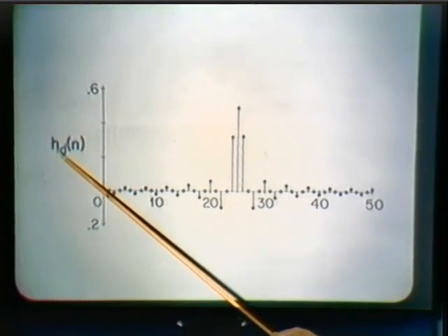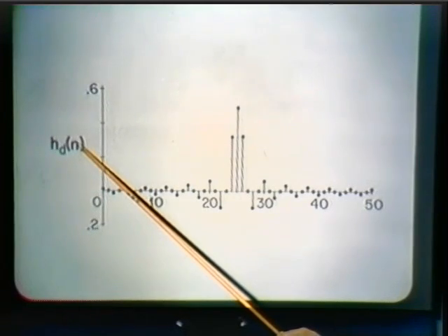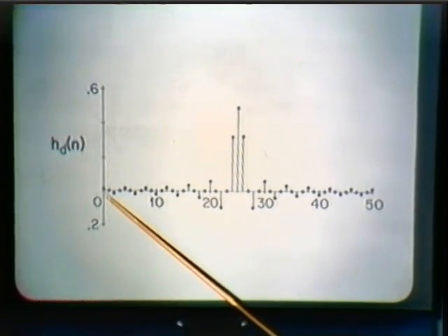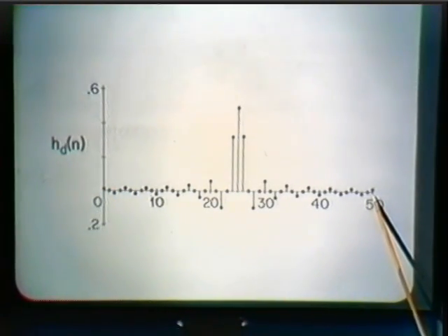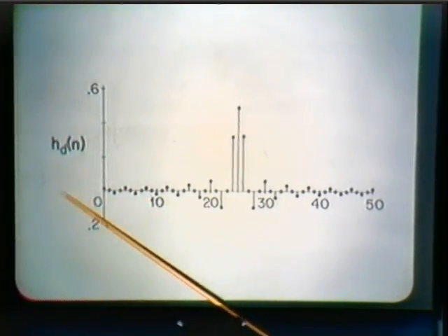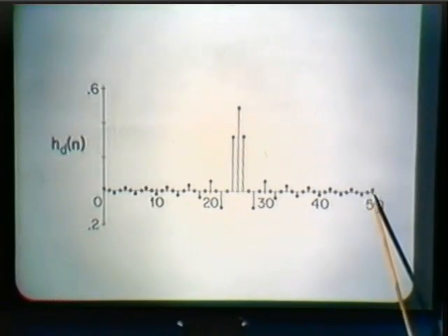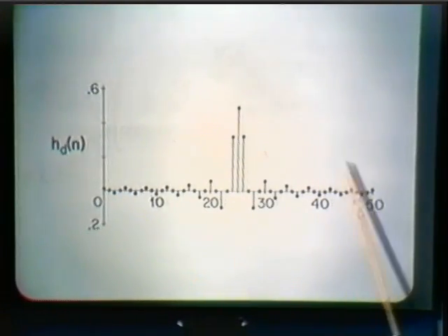Actually, I've marked this as the desired unit sample response. It's only equal to the desired unit sample response in the interval from 0 to 50. And the desired unit sample response, of course, continues to be non-zero outside that range, whereas multiplying by a rectangular window truncates it to be 0 outside this range.